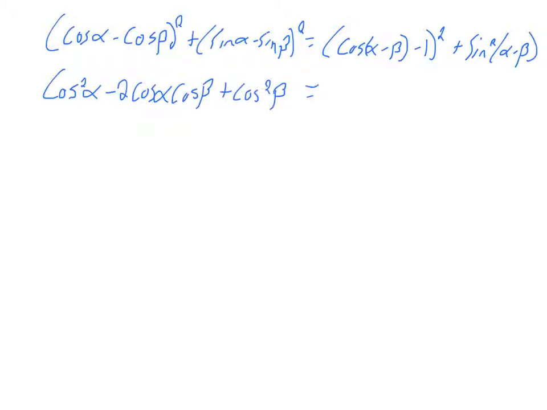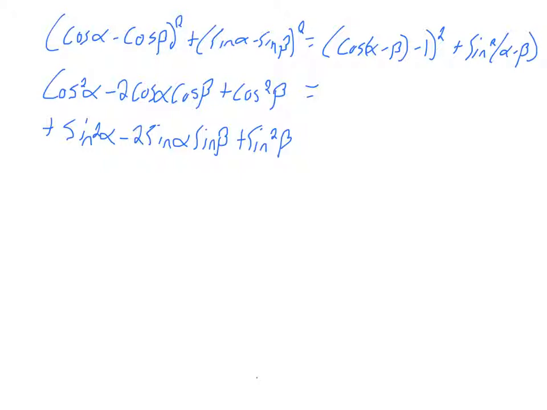Right, and then I'm also going to get, and I'm just going to put this all on the same line here, plus sine squared alpha minus 2, whoops, that's sine, not cosine, minus 2 sine alpha sine beta plus sine squared beta. Right.